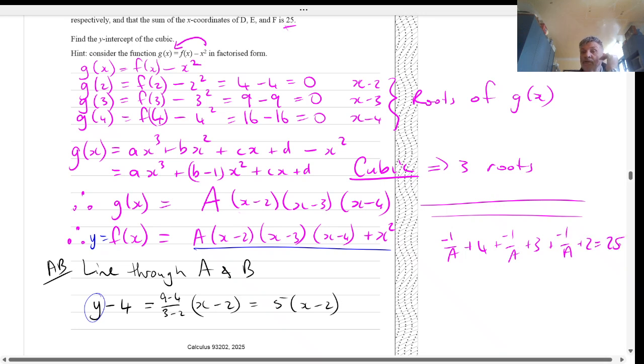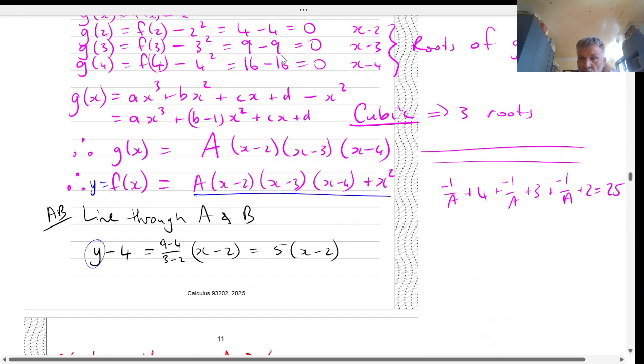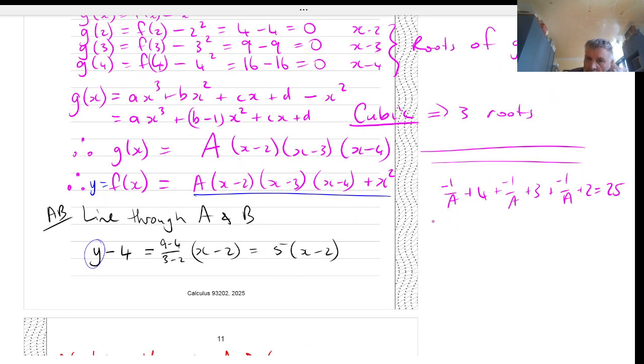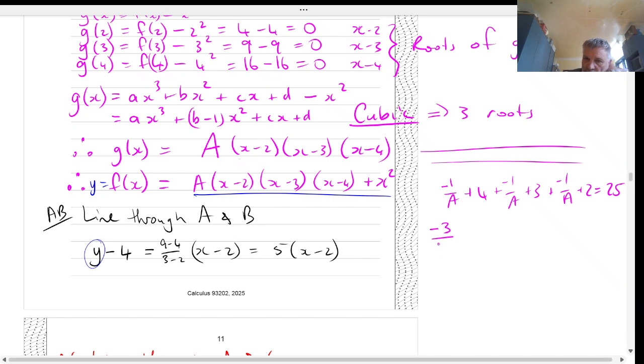And the question told us that those values add up to 25. These are common, so there's minus 3 over a plus 4 and 3 is 9, and 4 and 3 is 7, and 2 is 9. So minus 3 over a equals 16.